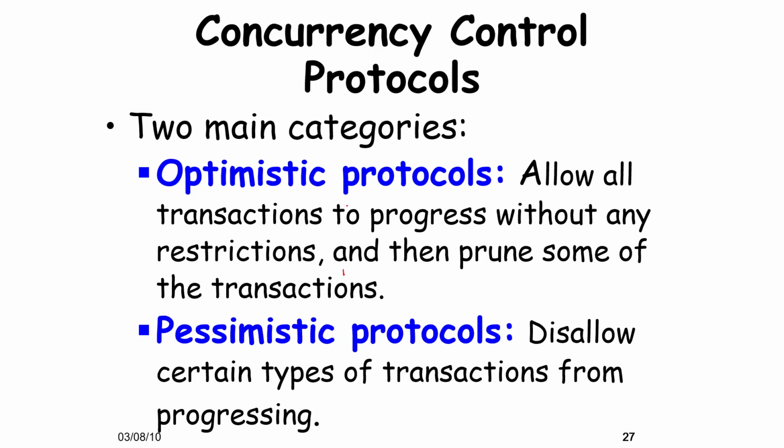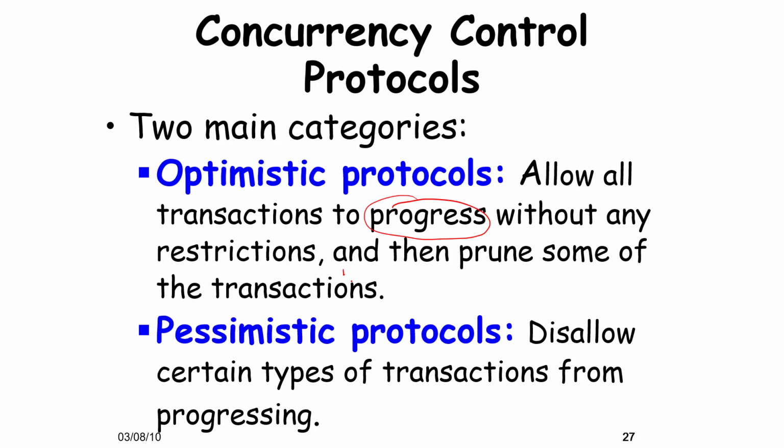In optimistic protocols, you allow all transactions to progress without any restrictions, and then you prune or kill some of the transactions. So you just allow things to proceed. The moment there is a problem, you take some corrective action.